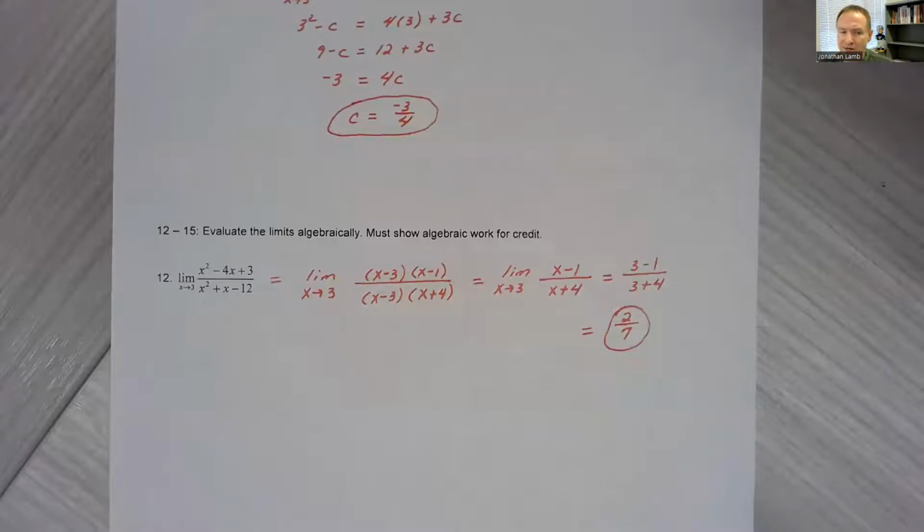The function does not exist at the value where I'm trying to have you take the limit, but that doesn't mean that the limit does not exist. In most cases, the limit does exist. And if the limit exists, then there will be an algebraic solution that enables you to plug in the value.